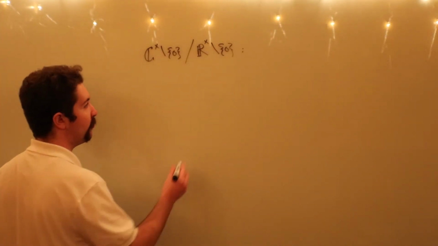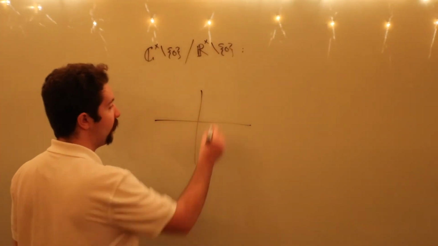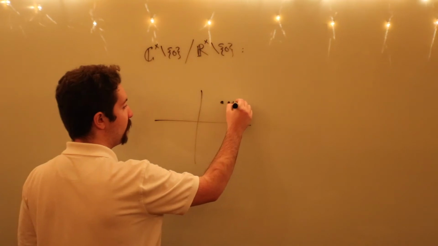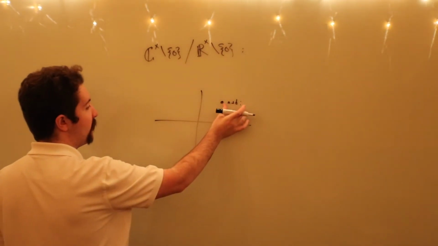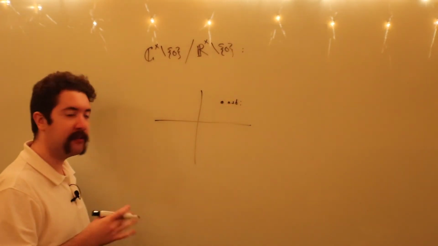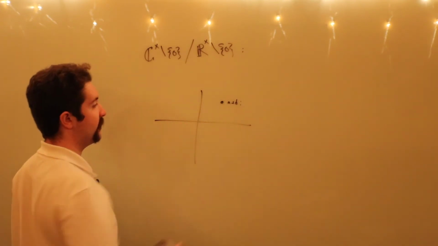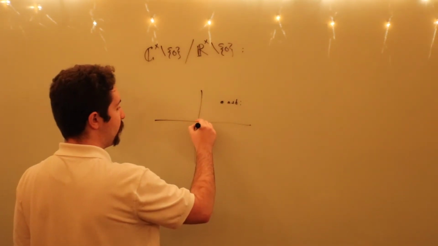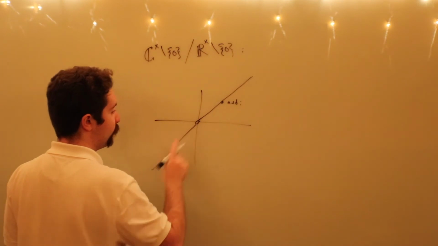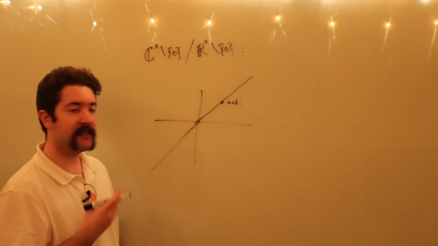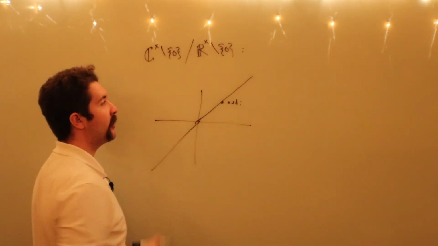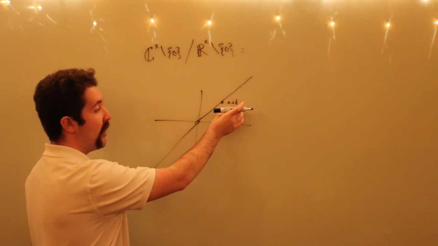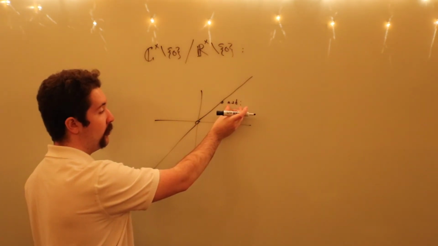Well, I believe we showed before that if we have the complex plane, we're picking some number a plus bi, right? And then we're taking this element and taking the coset of that, right? What we do is scale it, essentially, so that we get a line in the complex plane excluding the origin. This is the coset of the multiplicative real numbers by this number a plus bi in the complex plane, right?